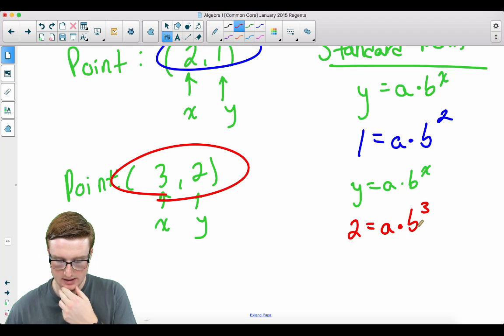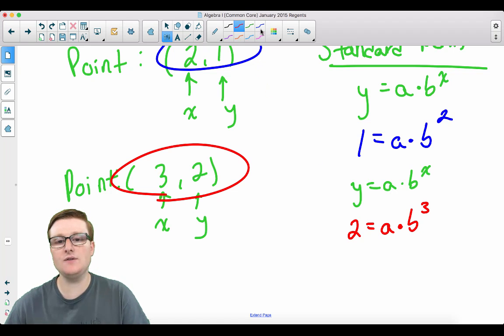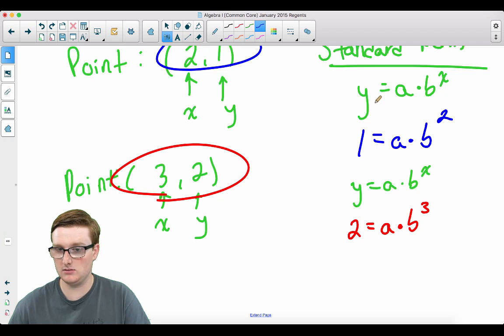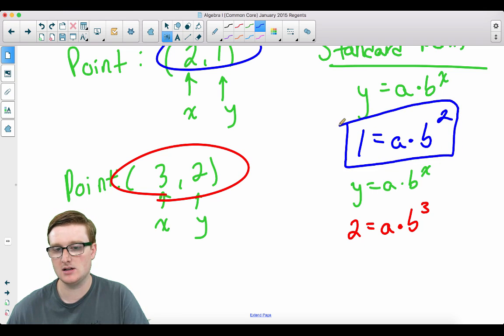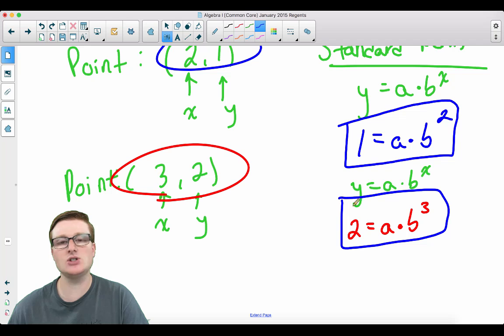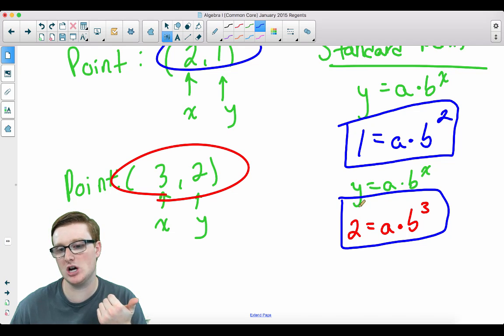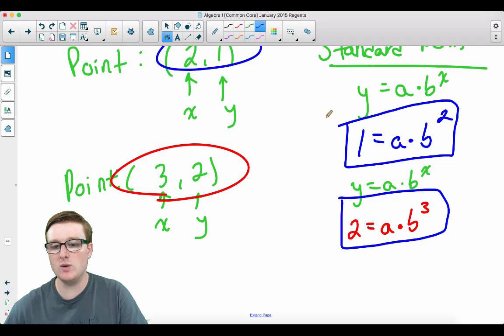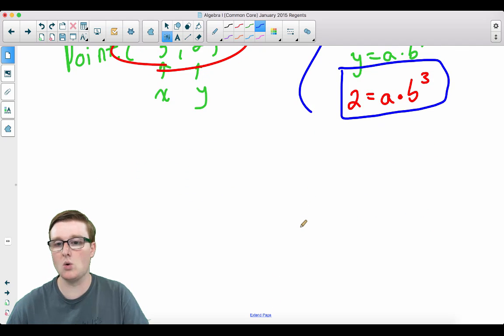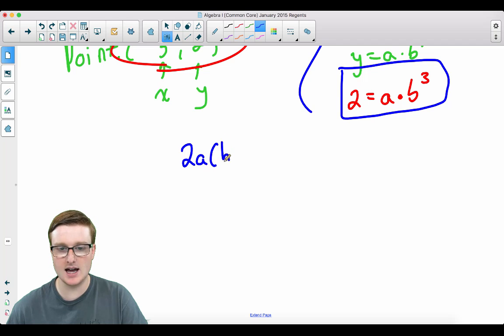Now, where am I going with this? Look at this for a second. 1 equals a times b squared. If we set these equal to each other, we could solve for the values of a and b. What we get here is 2a times b squared is equal to ab to the third.